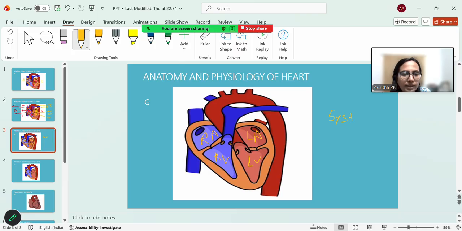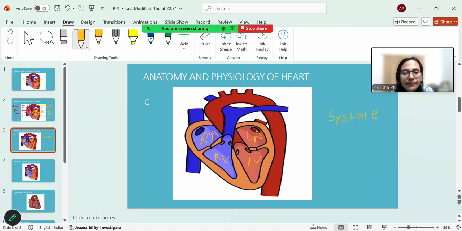Sorry, it's very difficult. When the ventricle contracts, it is known as systole.